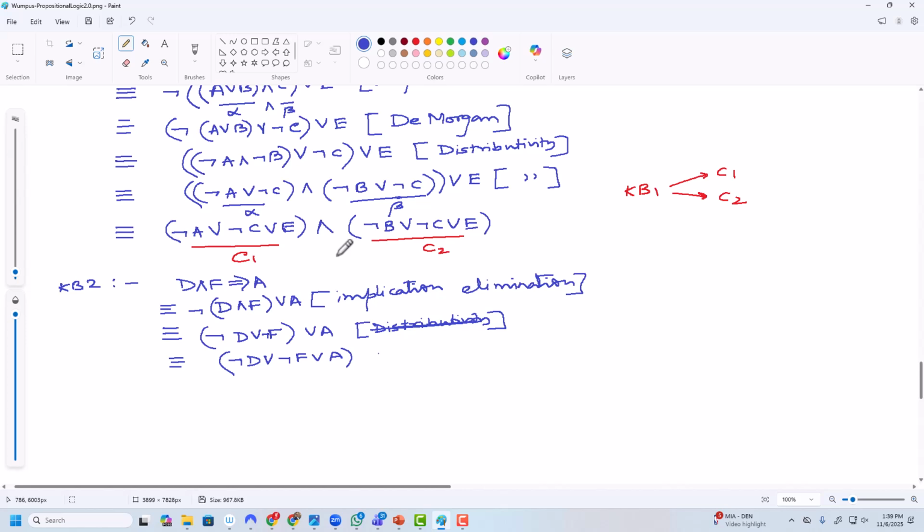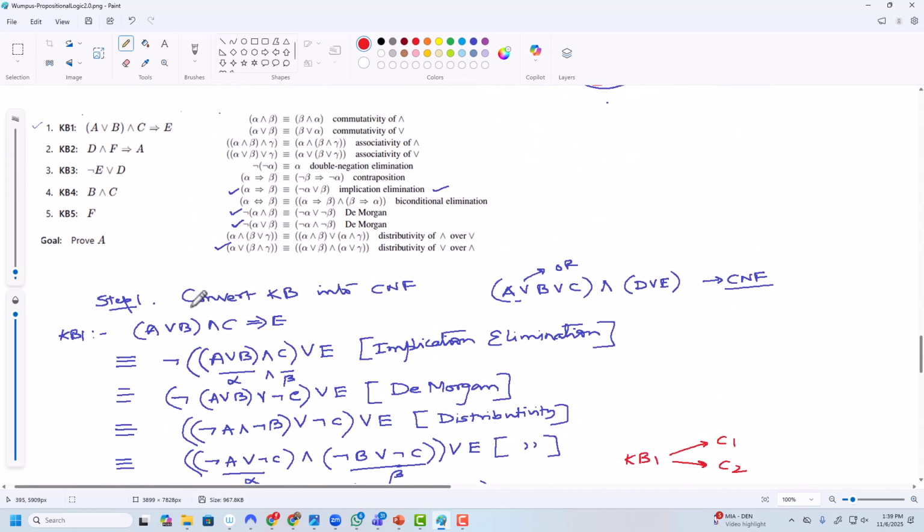Okay, so this is a clause, let's say C3. So from KB2 we get C3. Now let's see what we have in KB3.